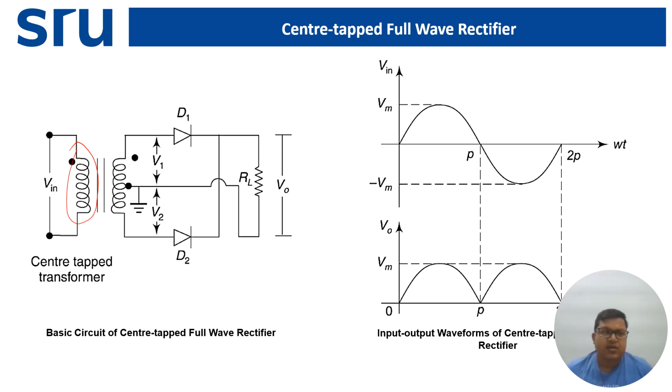This portion is the transformer core, and on this side we have the secondary coil. Interestingly, if you notice, there is a center tap connection, and because of that we say that this type of transformer is called a center tapped transformer.